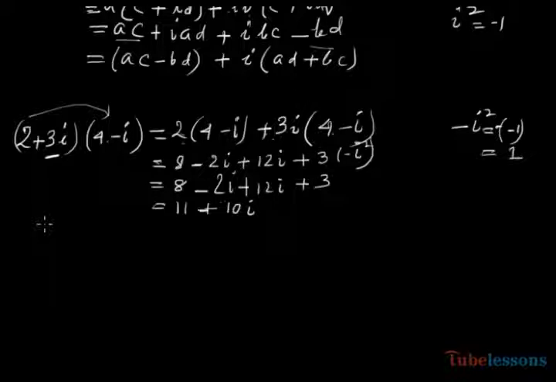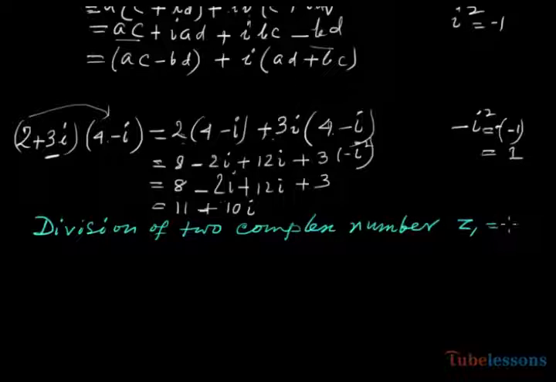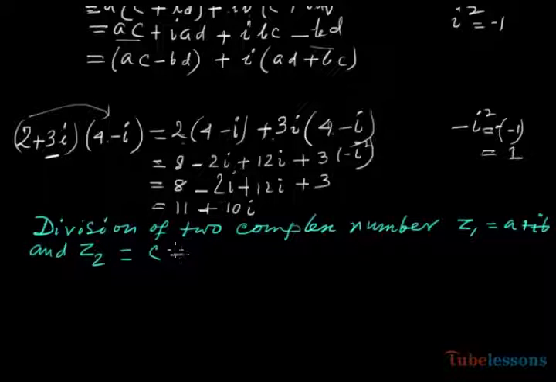Now division of two complex numbers. Z1 equals to A plus iB, and Z2 is equal to C plus iD, where Z2 is not equal to 0.